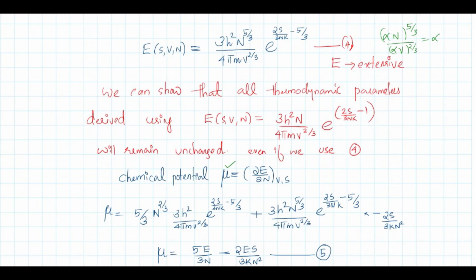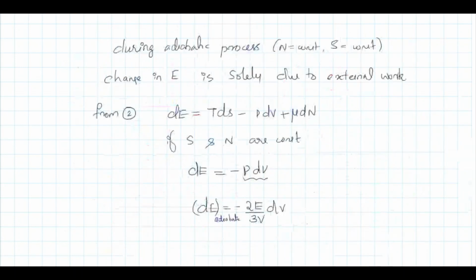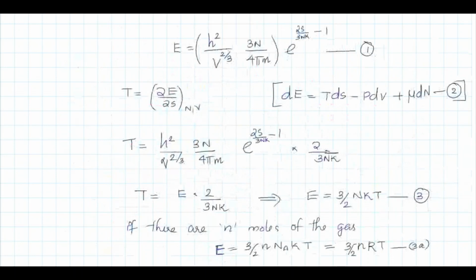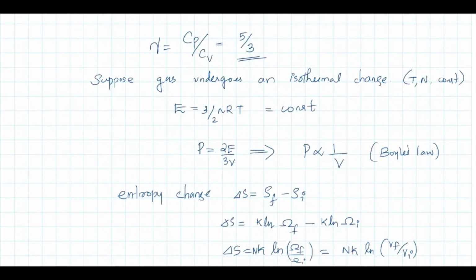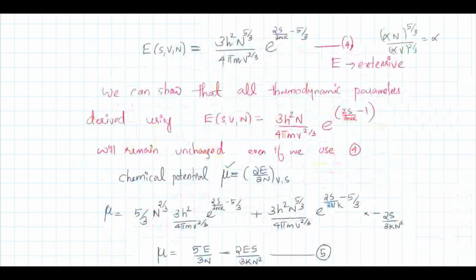Okay, all these derivations were made from this equation for energy, equation 1. If we use the equation for energy, this one, equation 4, all those parameters that we derived there will remain invariant.